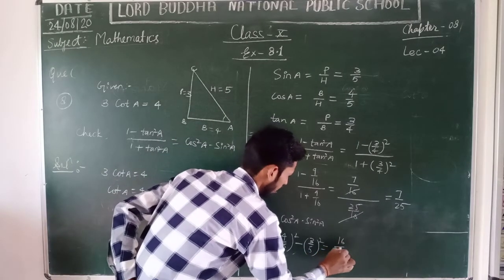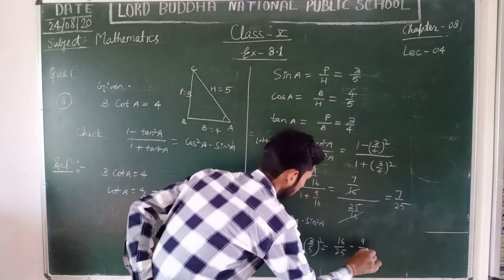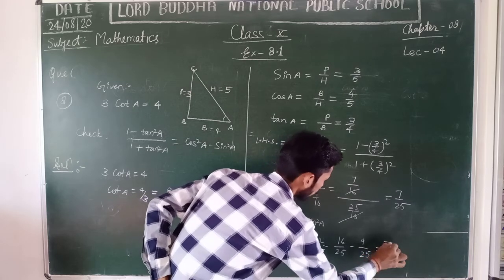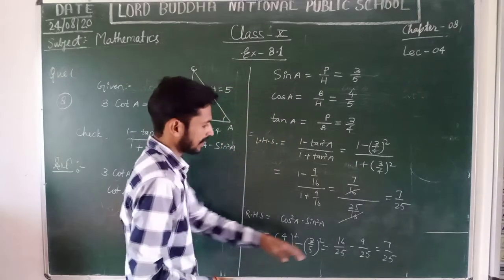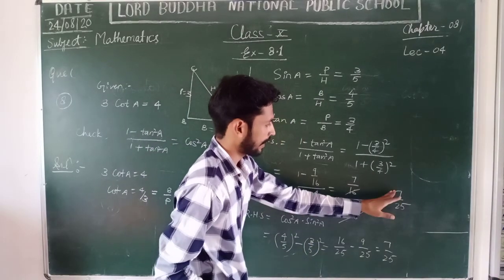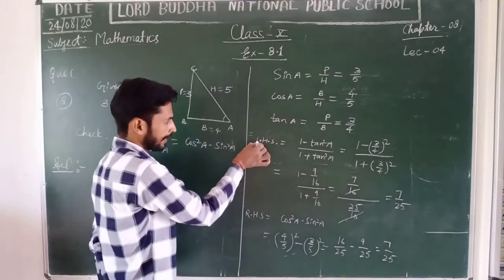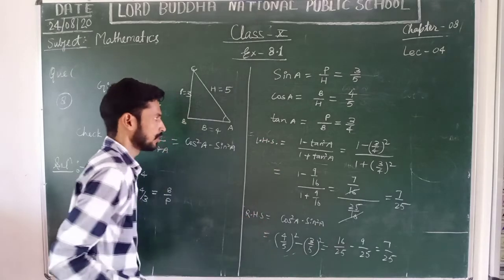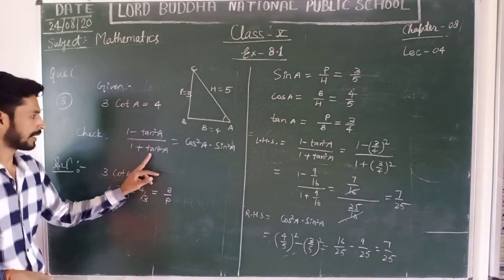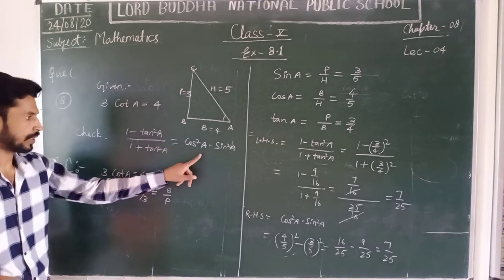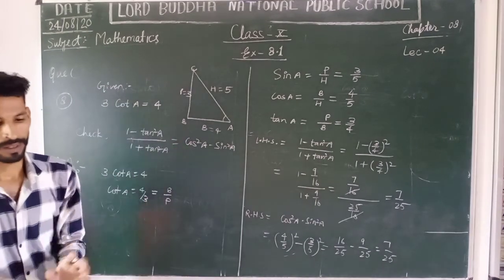So 16 upon 25 minus 9 upon 25, that is equal to 7 upon 25. Then we can say this is the value also for the right hand side. So left hand side is equal to right hand side. So we can say that 1 minus tan square A upon 1 plus tan square A is equal to cos square A minus sin square A.